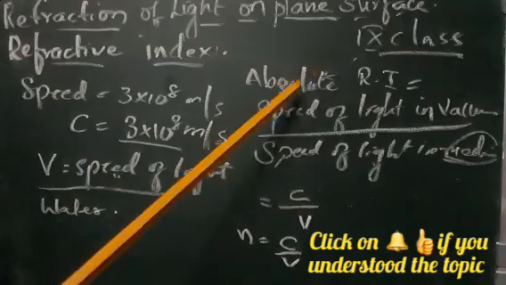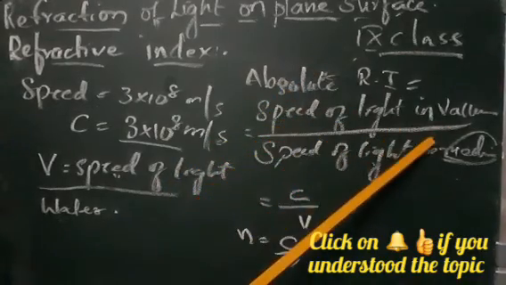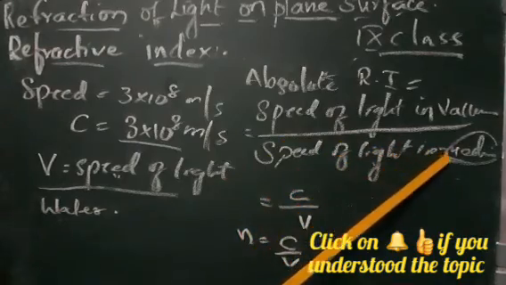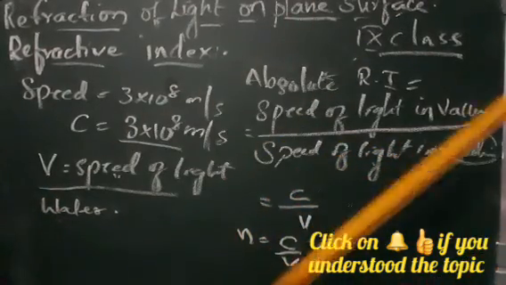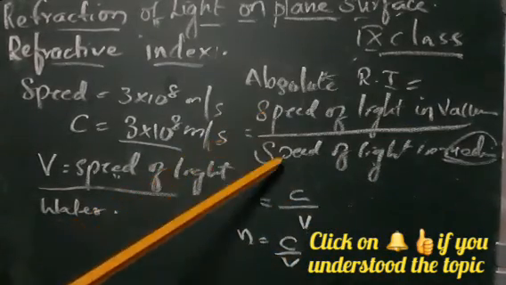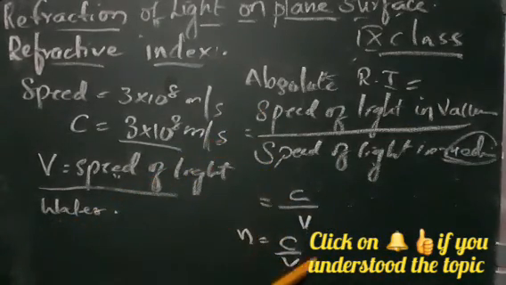Absolute refractive index is equal to the speed of light in vacuum, that is in air, by the speed of light in medium, any transparent medium, which is equal to C by V. Therefore N is equal to C by V.